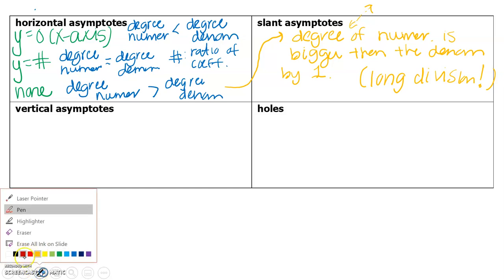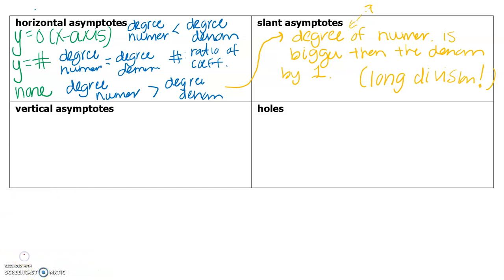And then we have our vertical asymptotes and our holes. Both vertical asymptotes and holes are going to be excluded values, and so that means they both come from when the denominator is equal to 0.